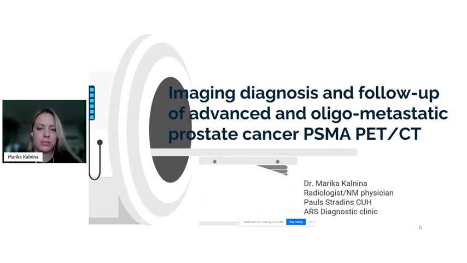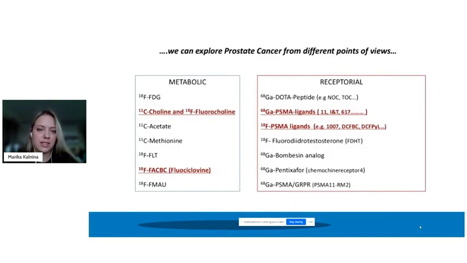If we look at it from the nuclear medicine point of view, actually the PET-CT point of view, we can explore prostate cancer from different points of view, either metabolic or receptoral.